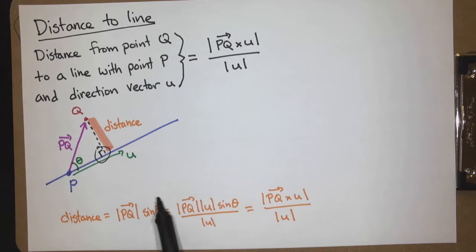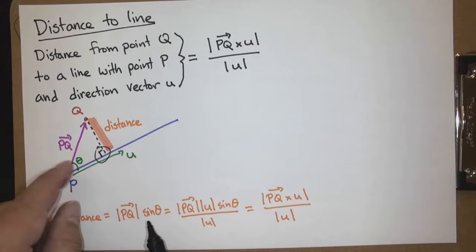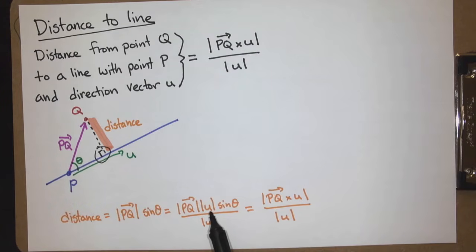We're like, let's make this into a cross product. Because theta involves U and PQ, I need to add a magnitude of U. But if I add it upstairs, I need to add it downstairs. Now the upstairs is a cross product, and then the downstairs is this extra magnitude of U. And that's the derivation. So finding a distance to a line is fairly straightforward.